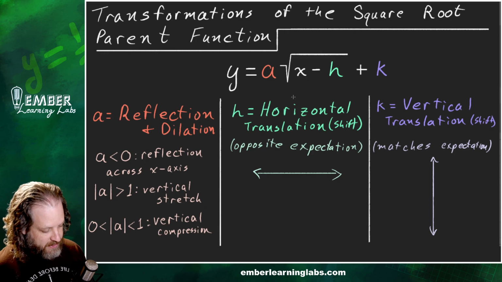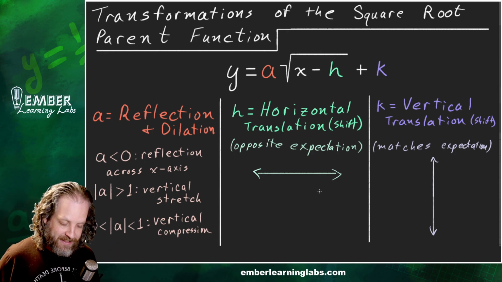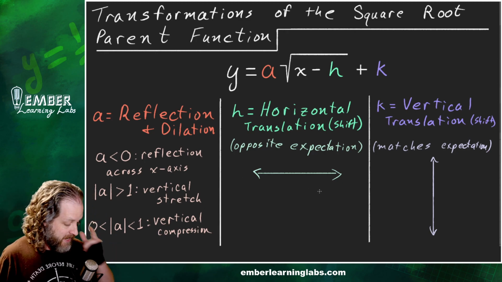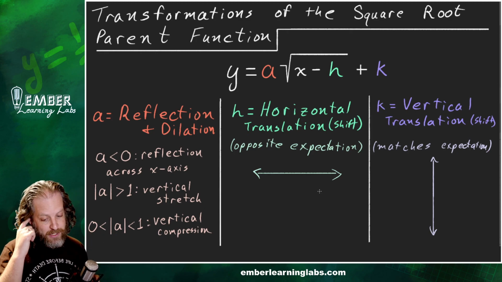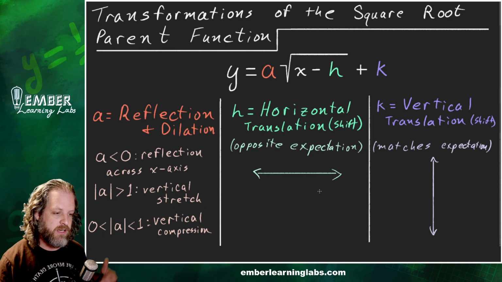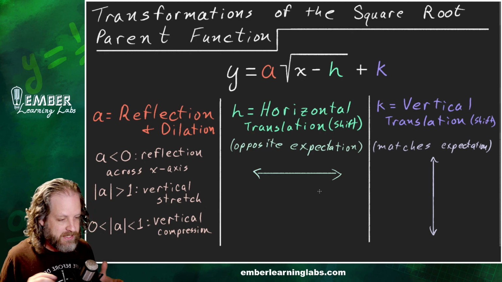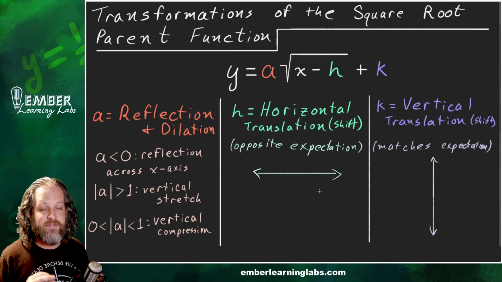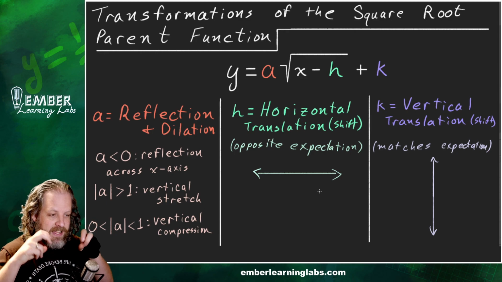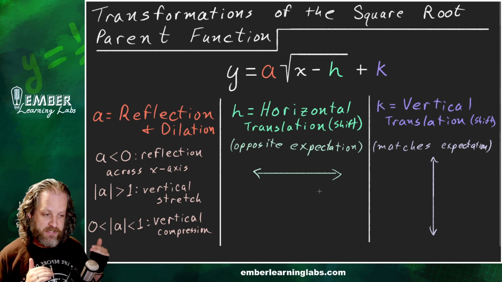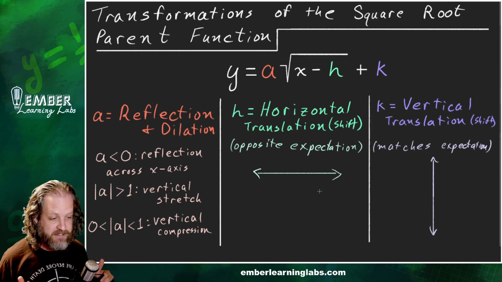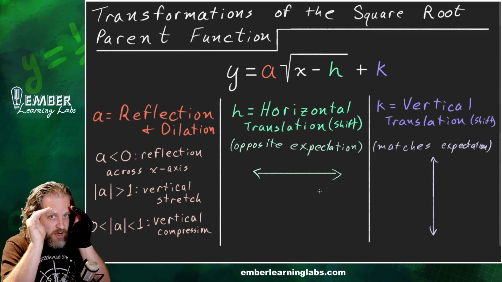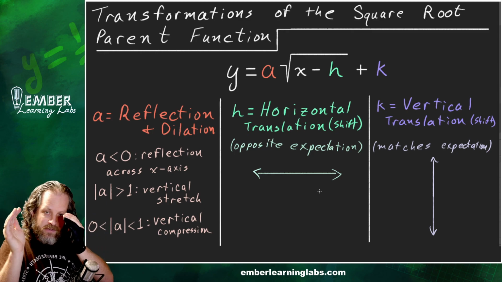The horizontal translation works exactly the same way as a parabola. Remember, I said, and I'm going to keep saying this, and in Algebra 2 you're going to hear it even more because we're going to have even more functions, it's really pretty much always the same way. If it's in parentheses, then it moves opposite. Now, the parentheses in this case is the square root. So if it's in the square root, it's a left and right shift, and it moves opposite.